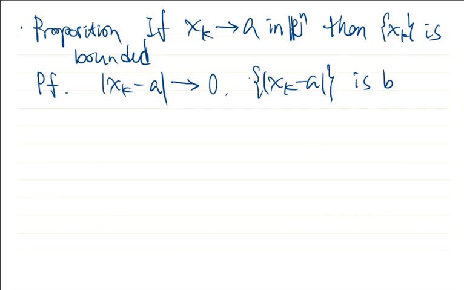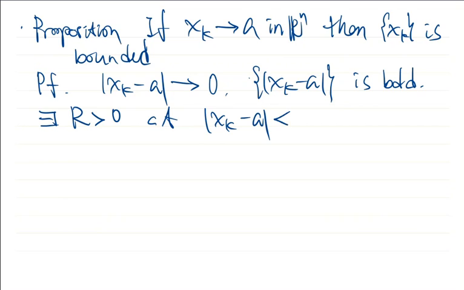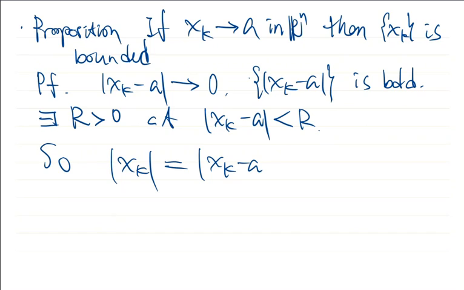This is bounded. That is to say, there exists some r positive such that the distance is less than r. So the norm of xk is the norm of xk minus a plus a.